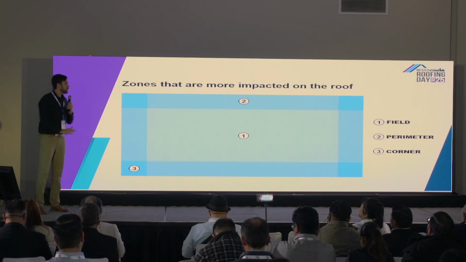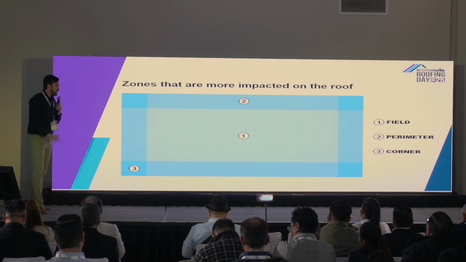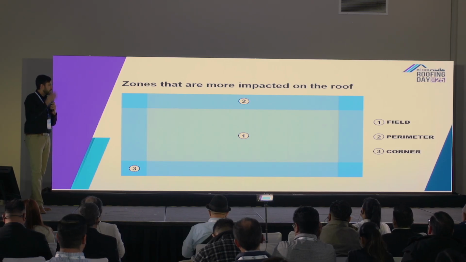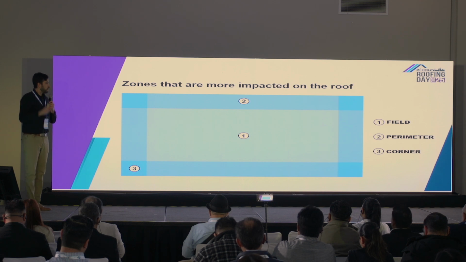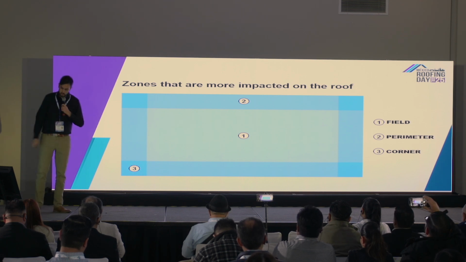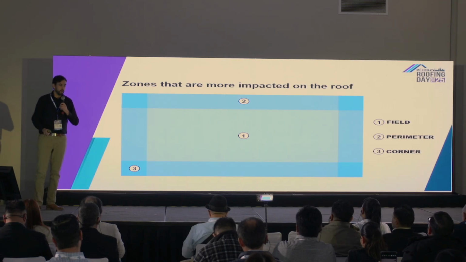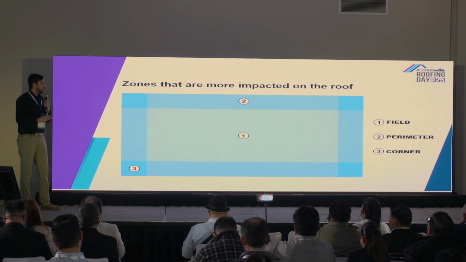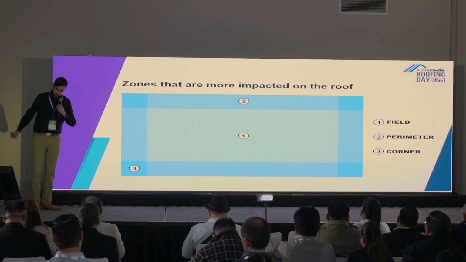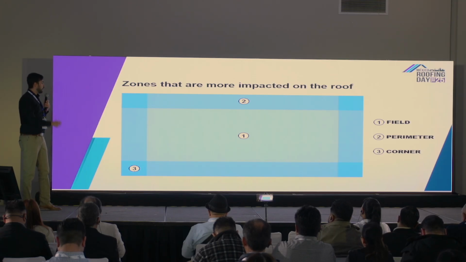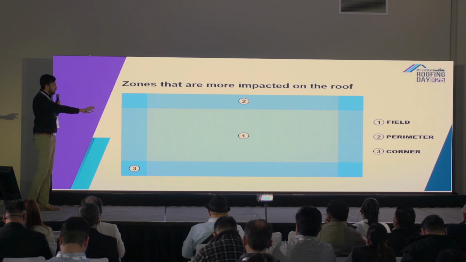So this is a simplified version of the same building that we saw from the side, but now from the top. We can point out three types of zones: the field, perimeter, and corner. Why are the corners more impacted by the wind? Well, wind doesn't always go straight onto the face of a building.